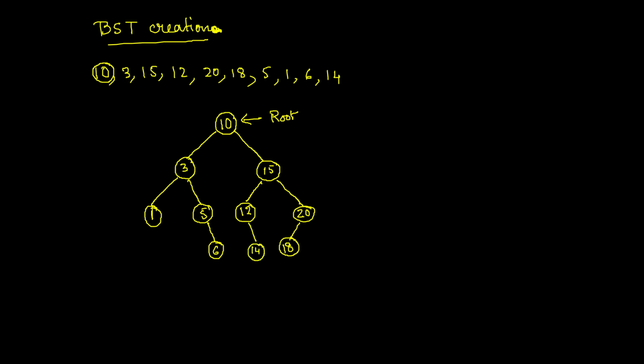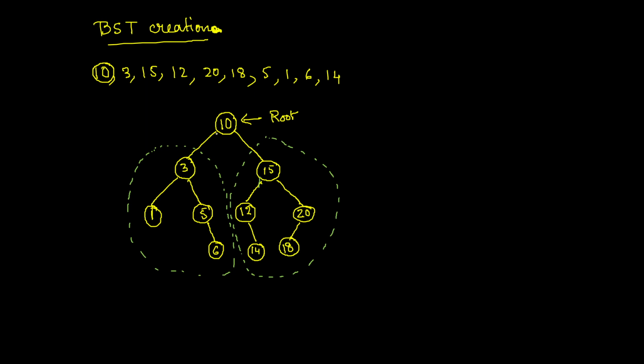So you see, considering the whole tree as a binary search tree, this is the left subtree considering 10 as a root, and this is the right subtree considering 10 as a root.